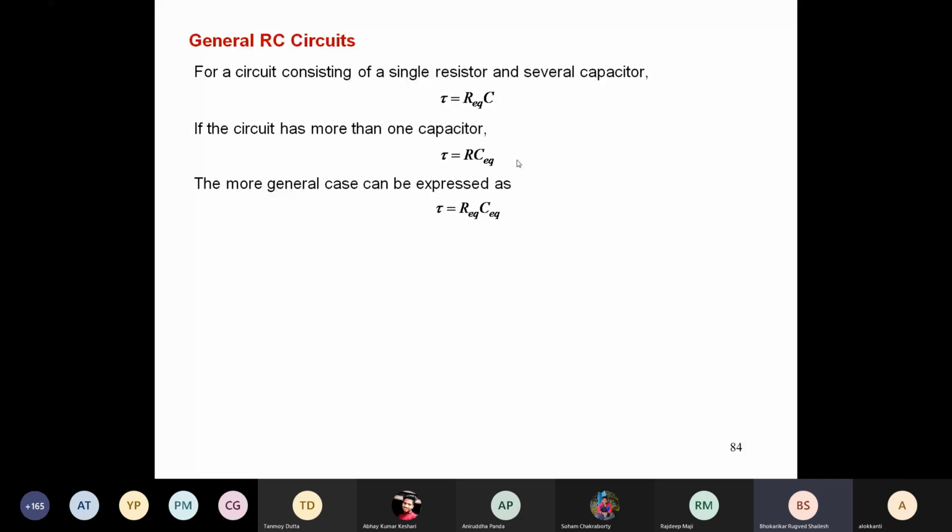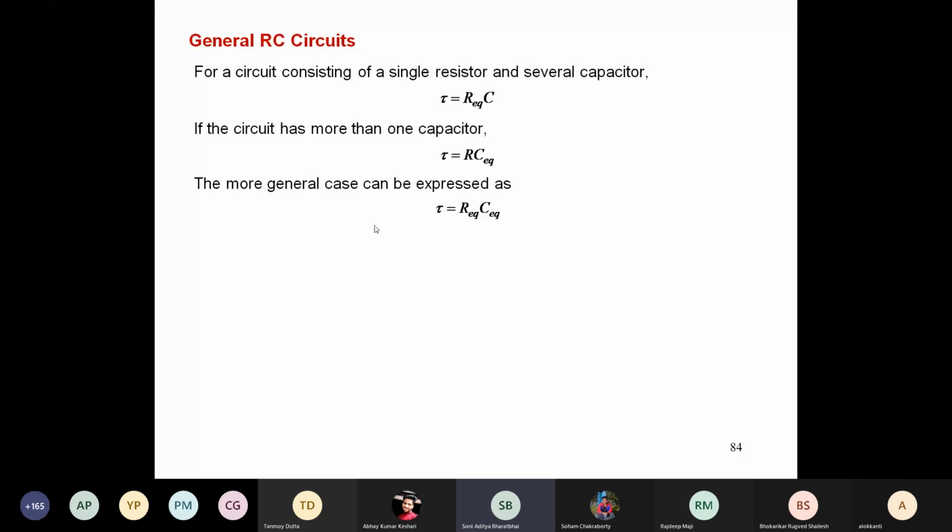Can you take an example of combining such capacitors where some initial charges are present? I will do it next day because right now these are not there in my slides. Okay, or maybe we'll see if there is something in the tutorial. Obviously, they will be there in the book. There are a lot of such problems. Okay, sir.